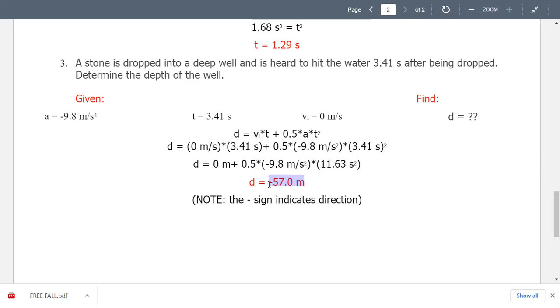Why is it negative? That is in downward motion. So it indicates a depth of 57 meters. This is actually a deep distance because your well is deep. And so that concludes my discussion for your free fall.